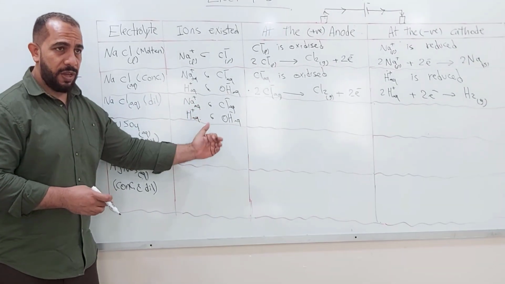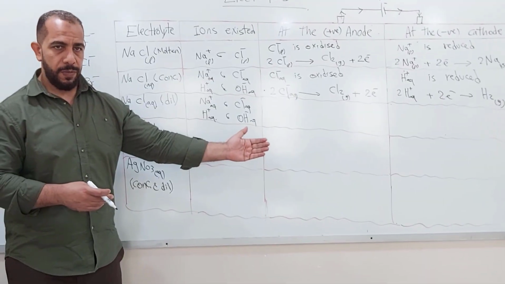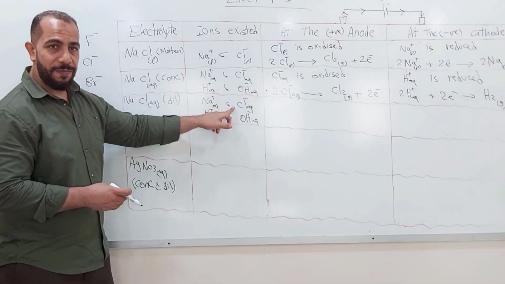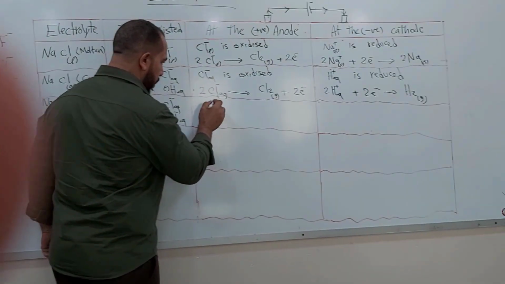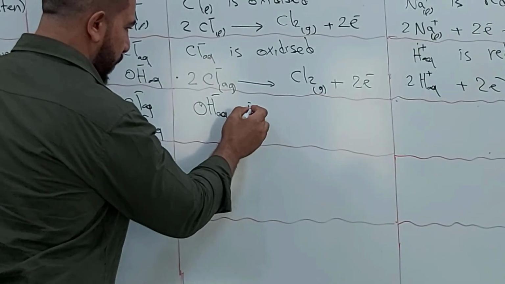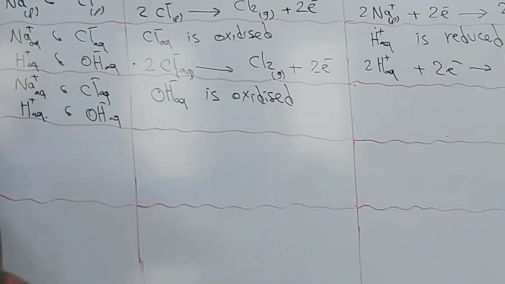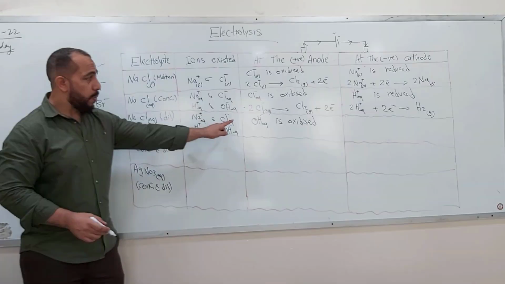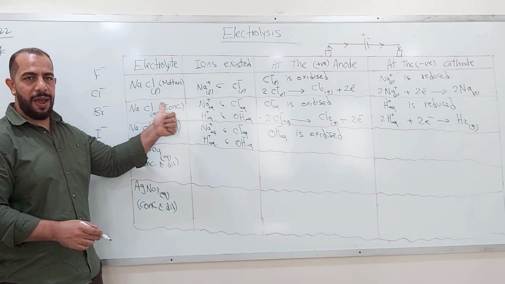So OH is more likely to be oxidized at the anode, not Cl. So here we say OH minus aqueous is oxidized. This is the only difference between the case of concentrated and diluted with halide.